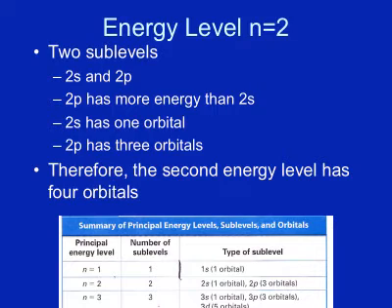Well, S didn't have 4, P didn't have 4, D didn't have 4, F didn't have 4, so I'm probably going to need a combination. So you always go in order too. In the second energy level, again, it's going to have another S orbital. There's 1. And then next we're going to throw in some P orbitals. So if we have 1 S and 3 P, how many total do I have? 4.